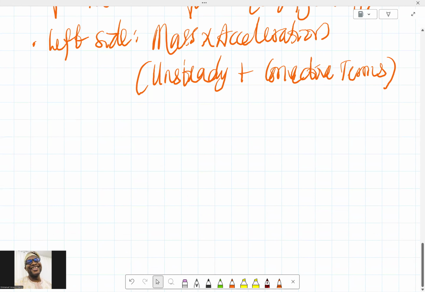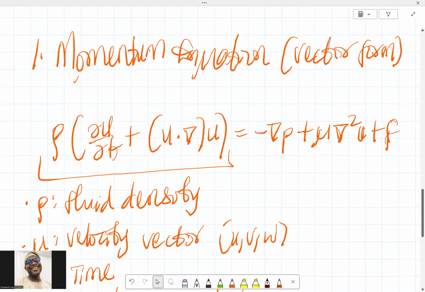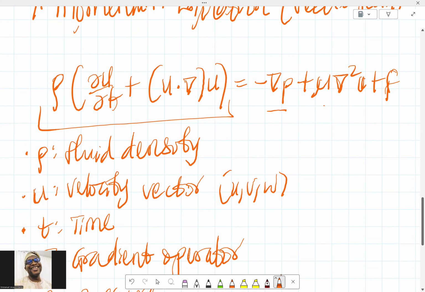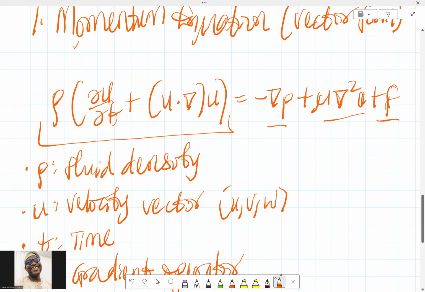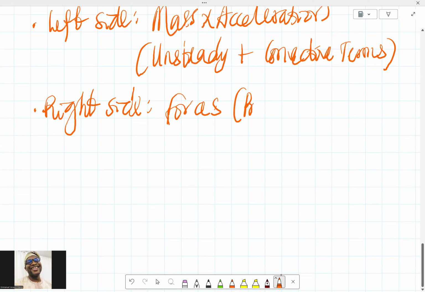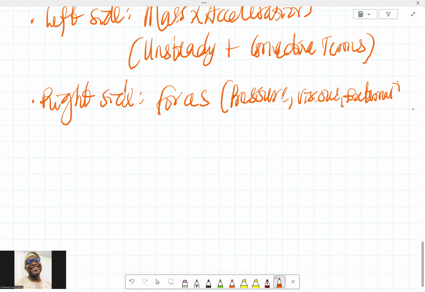Then the right side talks about the forces: pressure, the viscous force with the dynamic viscosity, and the external force F. So you have mass times acceleration on the left and the forces on the right.